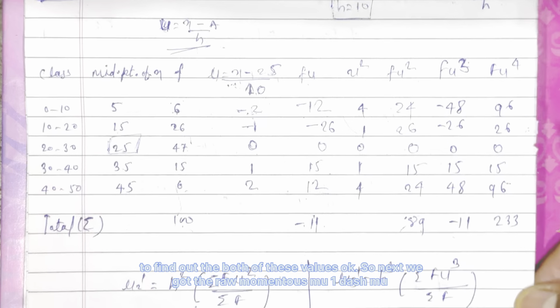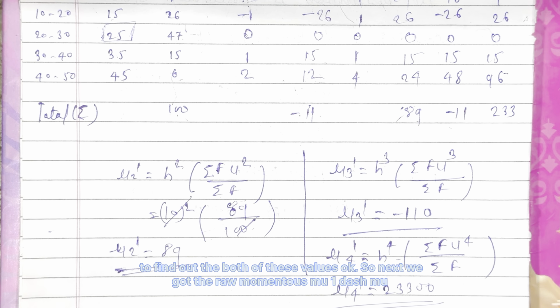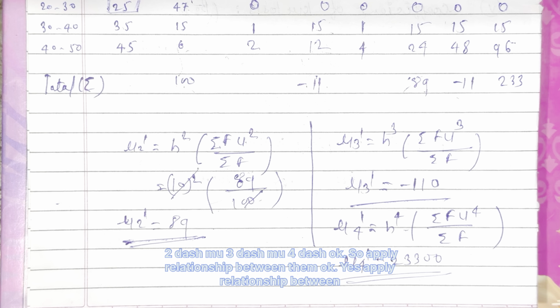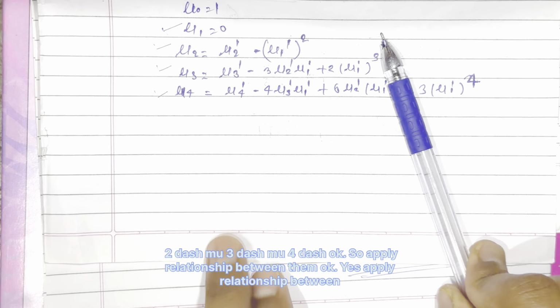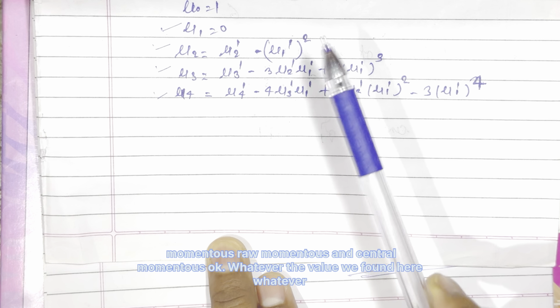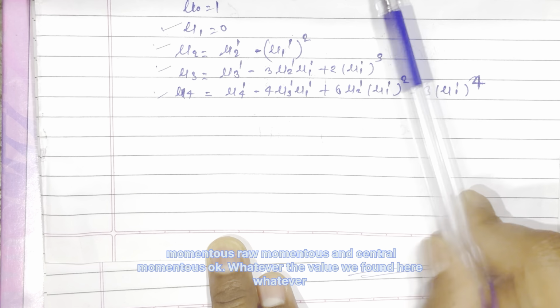So next we got the raw moments mu1 dash, mu2 dash, mu3 dash, mu4 dash. Apply the relationship between raw moments and central moments, with whatever values we found here.